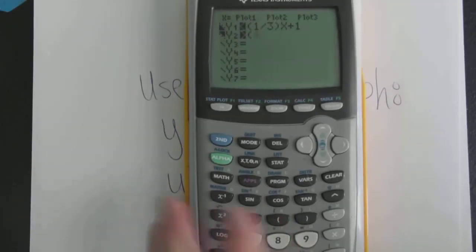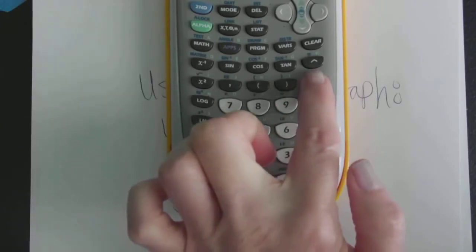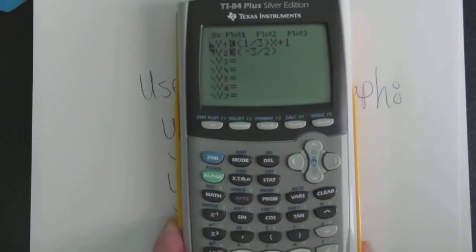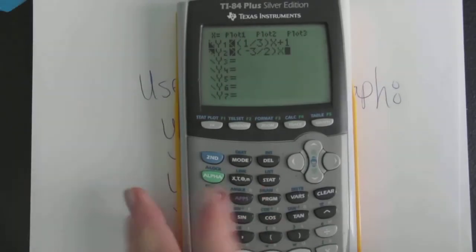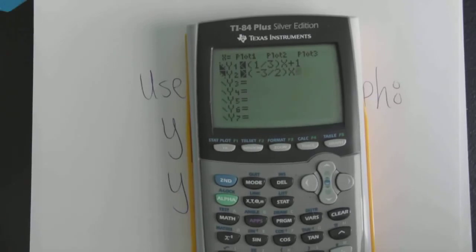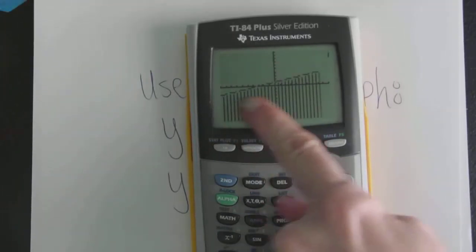So parentheses, negative, so make sure you're down here, negative 3 divided by 2, close parentheses, it'll look like that, then the x, and plus 3, enter. And now it should be good to go.